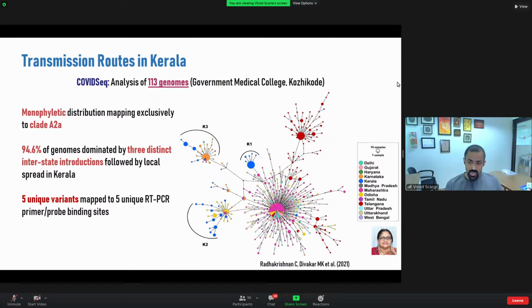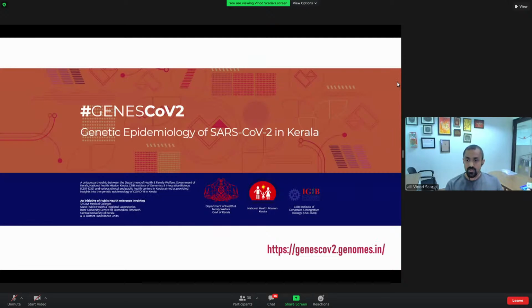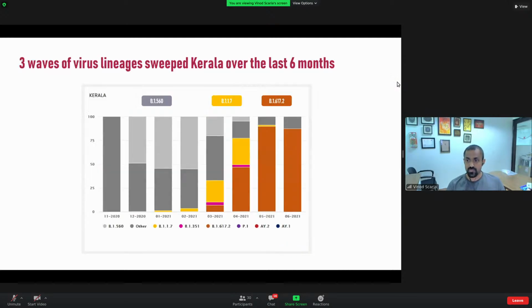Now, after this initial pilot experiment, Kerala initiated a very, very systematic program encompassing 12 medical colleges, the state public health laboratory, university departments from the Inter-University State Center for Biomedical Research, as well as from the Central University, as well as the 14 district surveillance units, which were part of this very large program. And the idea of this program was to do a systematic genomic surveillance covering every single district. Kerala has 14 districts, a systematic survey which encompasses 100 samples every month from any of these districts.